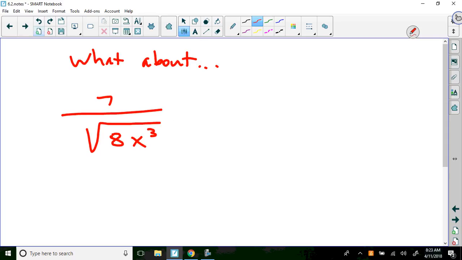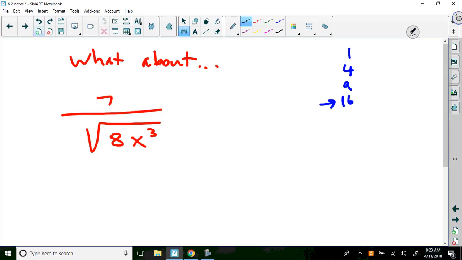Oh, man. 8's not a perfect square, is it? We need to transform 8 into the smallest perfect square that we can. Let's see, 1, 4, 9, 16. Hey, 16, right?